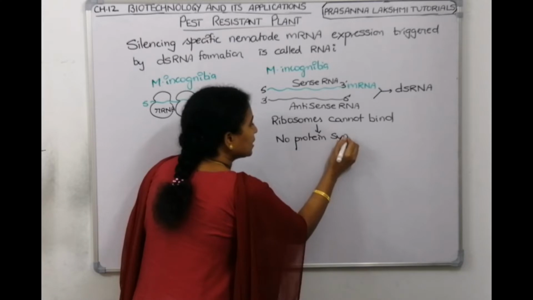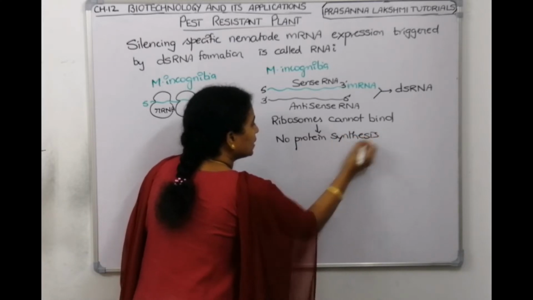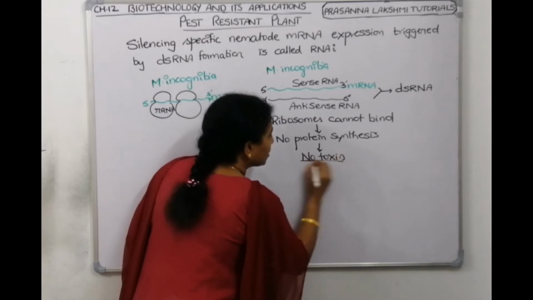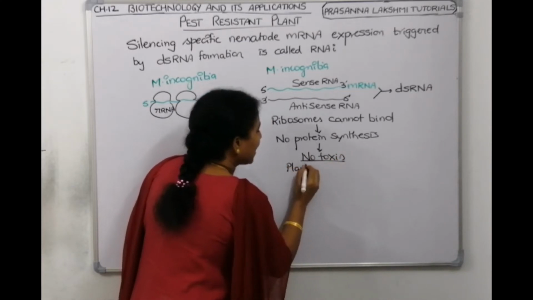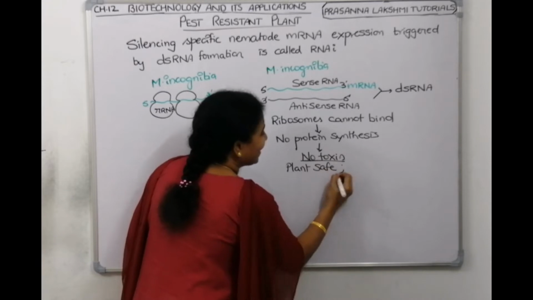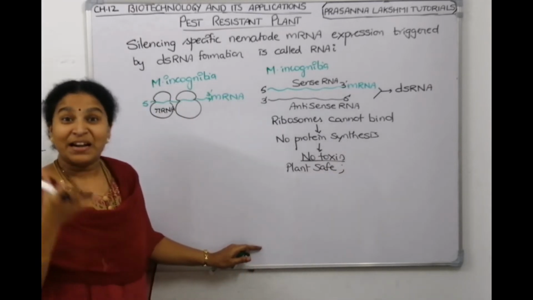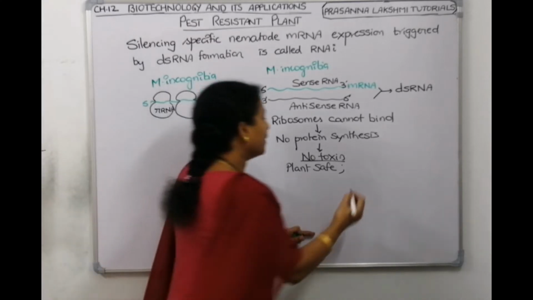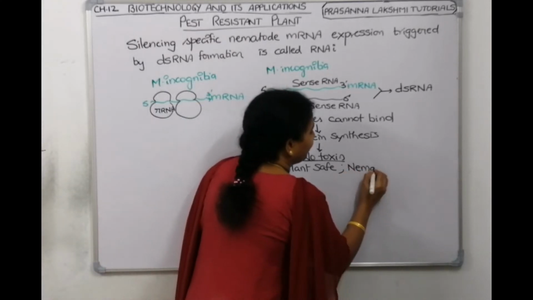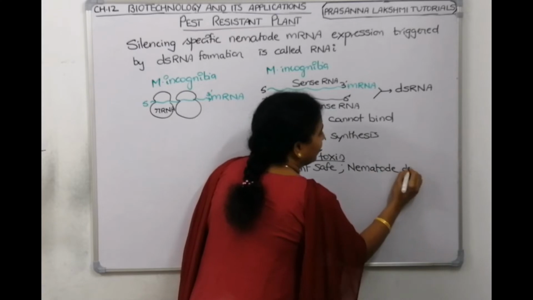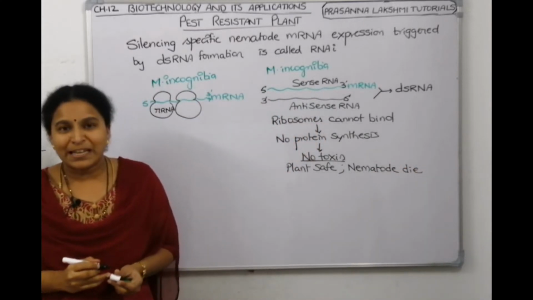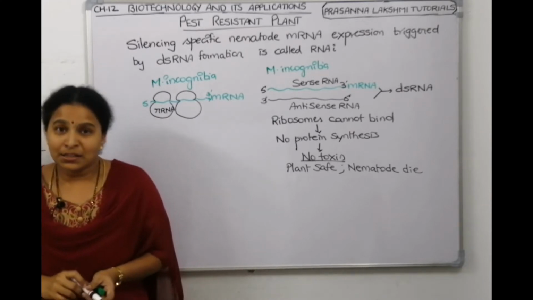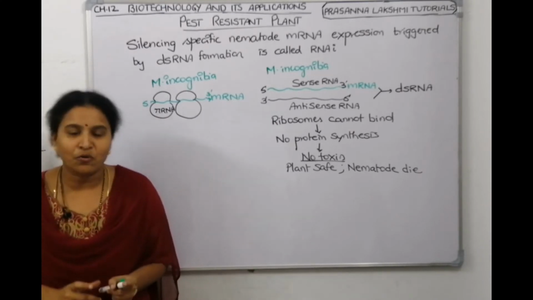If no protein synthesis, no toxin. If the toxin is not there, the plant is safe. The nematode is not able to express its proteins, it can't survive, and it will die. This is the technology we are going to use.